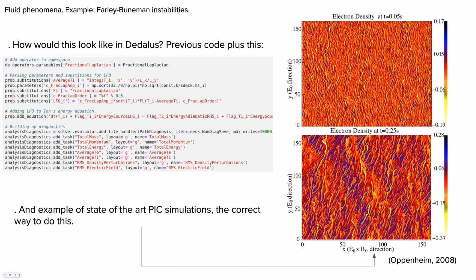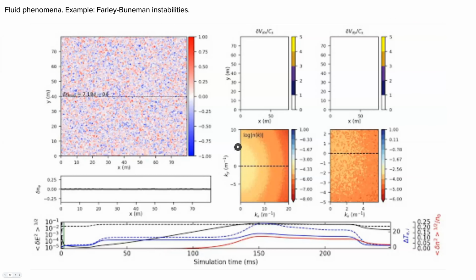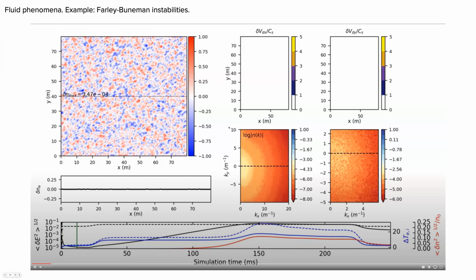That's the electron density, and it's going to evolve like that. That's from Oppenheim 2008. So I used the code that I just showed to simulate that with similar parameters, and this is what I got. Here you're going to see the electron density.